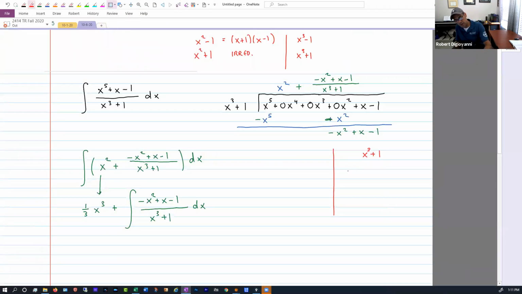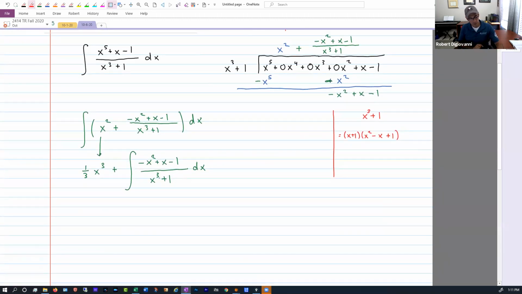Okay, so this should become x plus 1 times x squared minus x plus 1. That's what it is factored. So this denominator becomes x plus 1 and then x squared minus x plus 1.